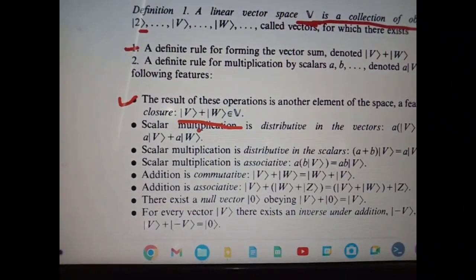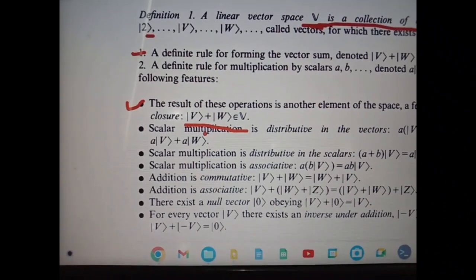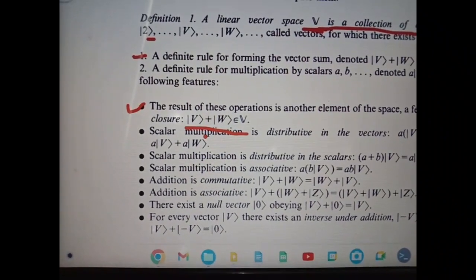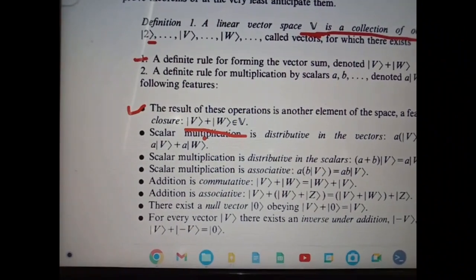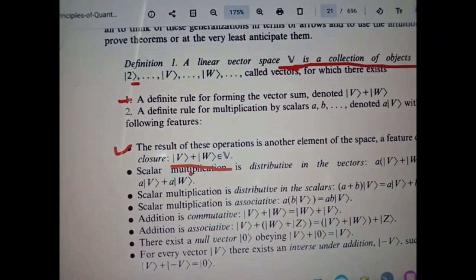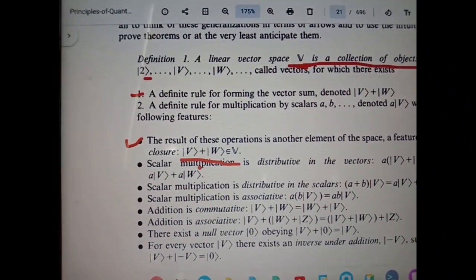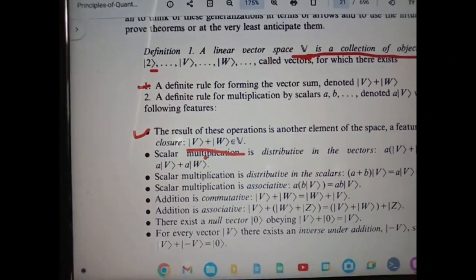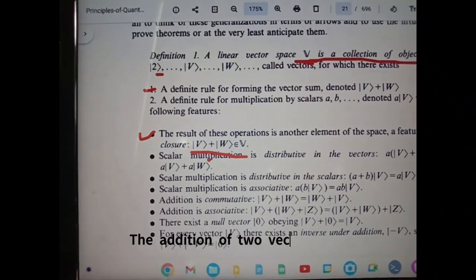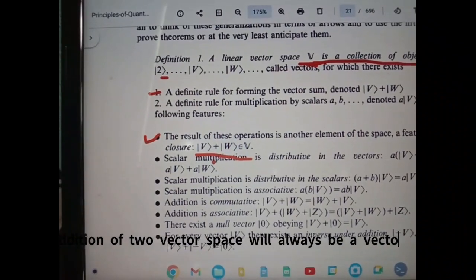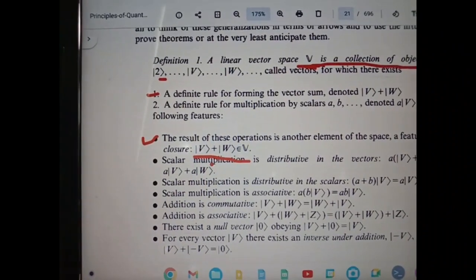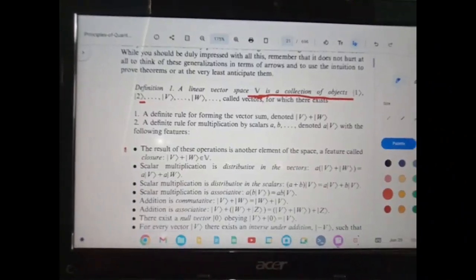For example, if we add two integers, the addition of two integers will again be an integer. In this case the addition of two vector spaces will again give you a vector.